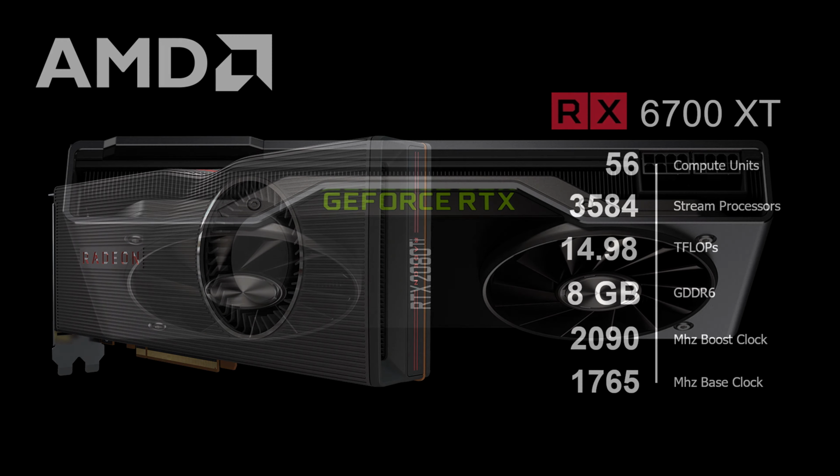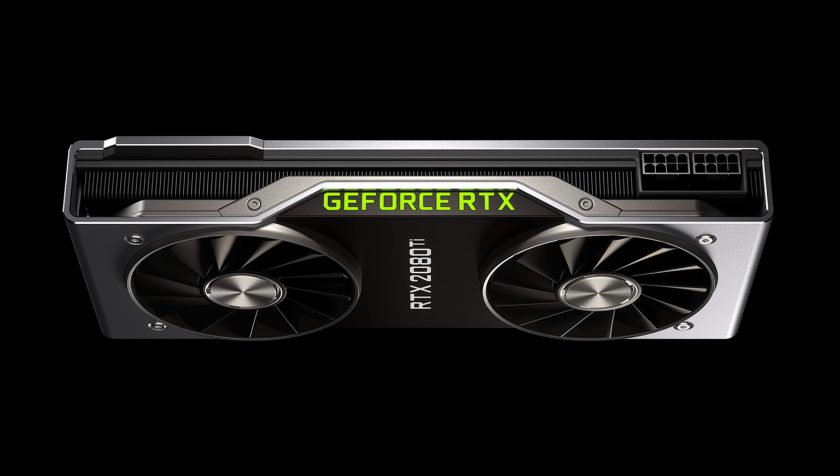So the 6700 is the card that at launch would compete with the 3070. That card is 10% faster than the 2080 Ti. We know the 3070 is a little bit faster than the 2080 Ti. So that card is either on par or slightly faster than the 3070.